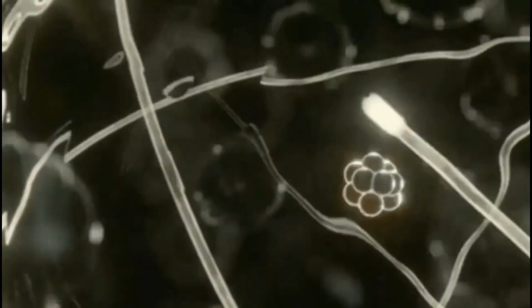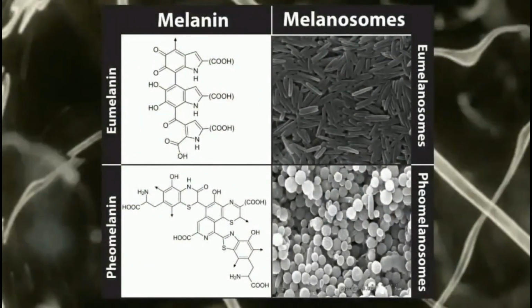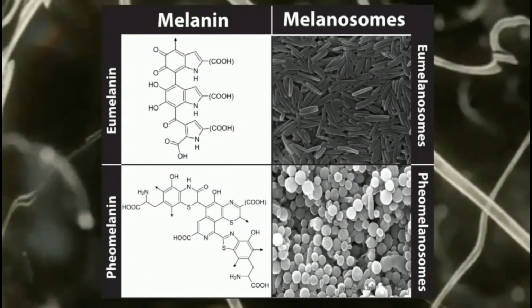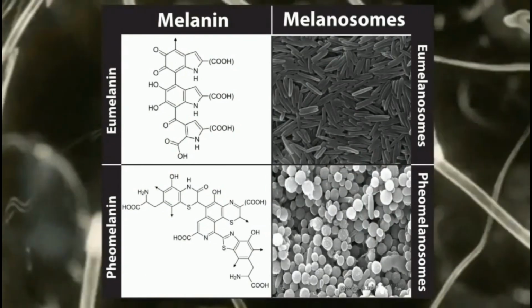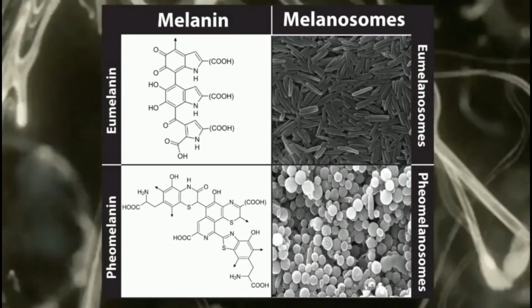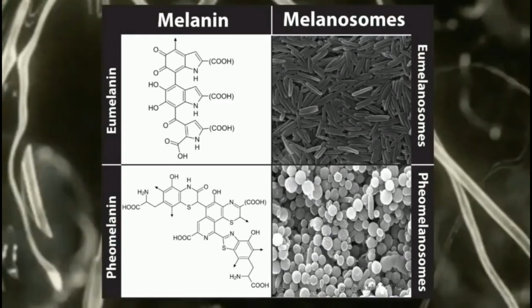Now, pheomelanin is actually lighter than eumelanin. When you look at a pheomelanin cell and you compare it to a eumelanin cell, the pheomelanin cell is significantly lighter. In fact, pheomelanin actually has its own unique cell structure that separates it from eumelanin.